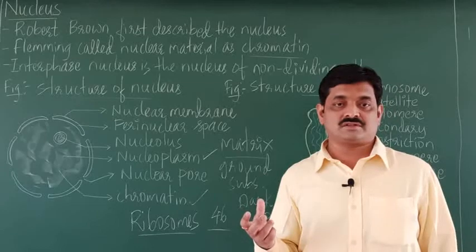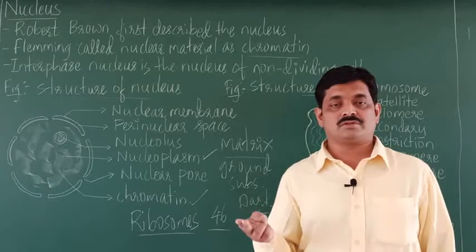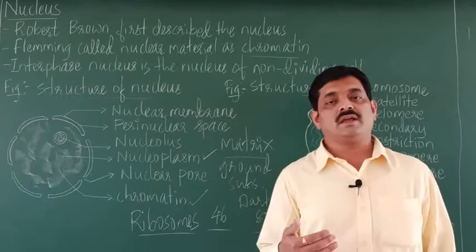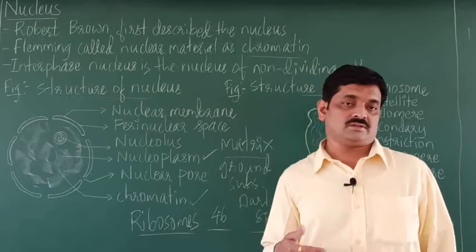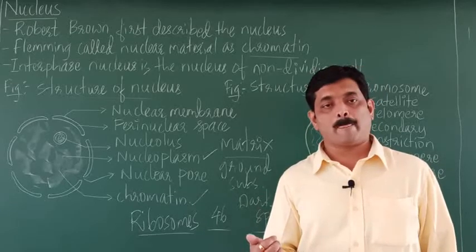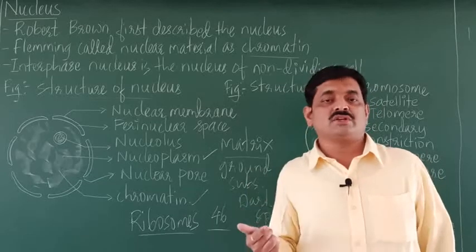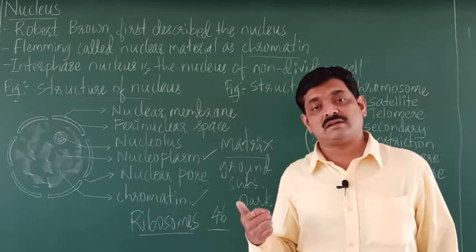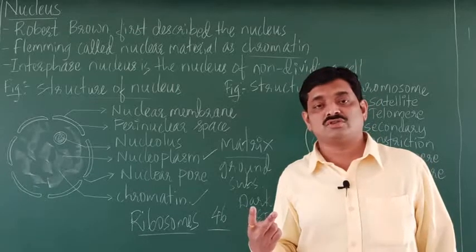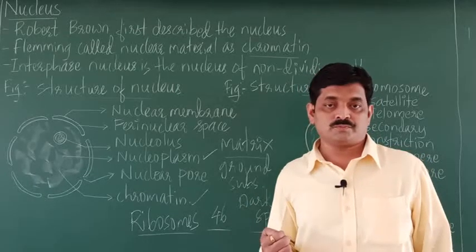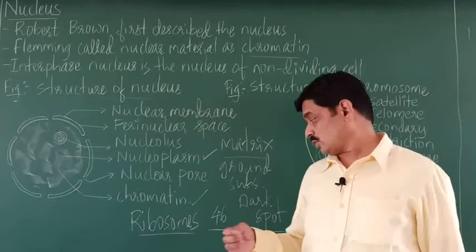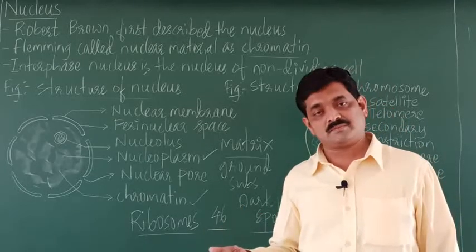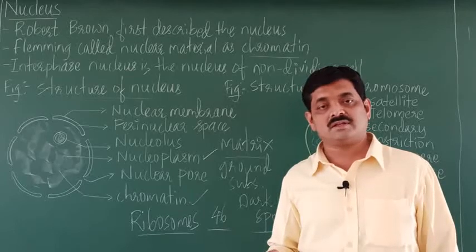So 46 is diploid, 2 sets; 23 is haploid, 1 set. Gametes are haploid because they have 1 set of chromosomes. Body cells or somatic cells are diploid because they have 2 sets. So the chromosome number in diploid cells is 46, and in haploid cells it is 23.